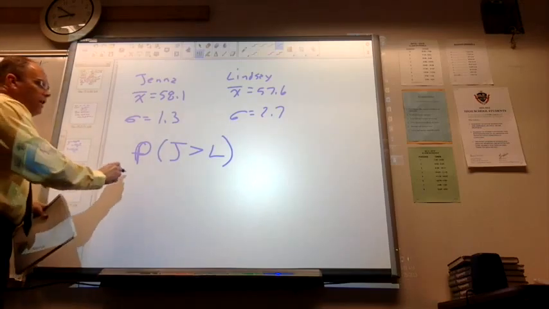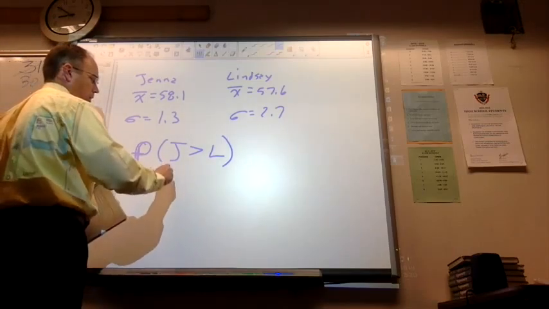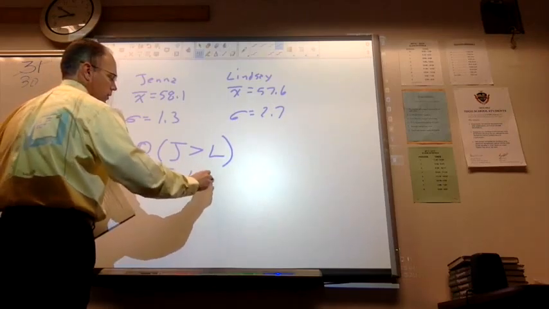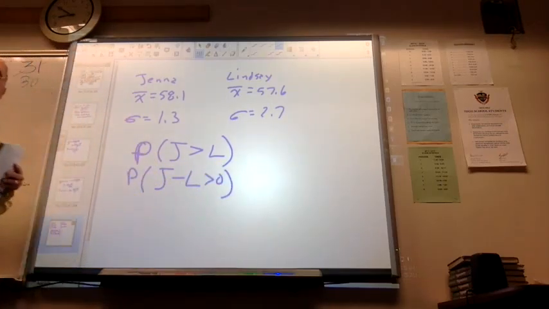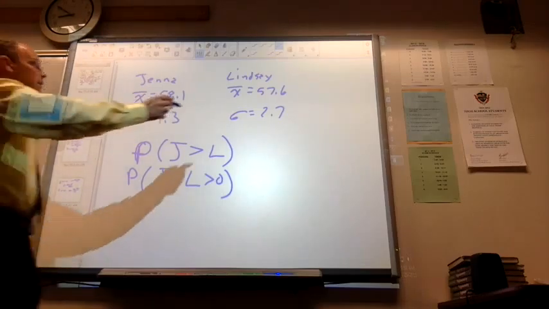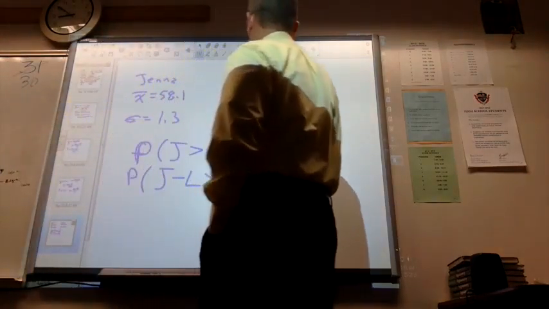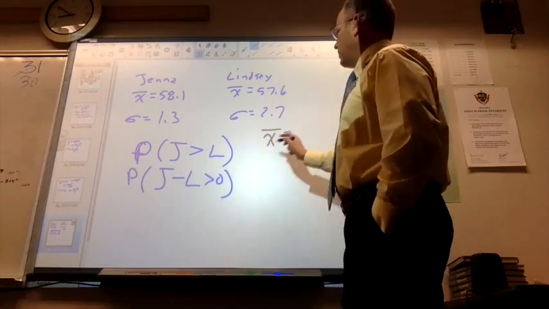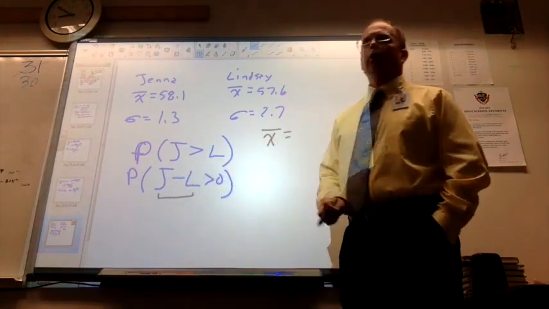Okay, so remember on this, I'm going to do this. What am I looking for at that point? Remember, I have to find the new mean. So, the new mean, what am I doing with these values?